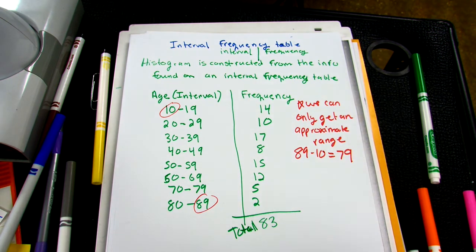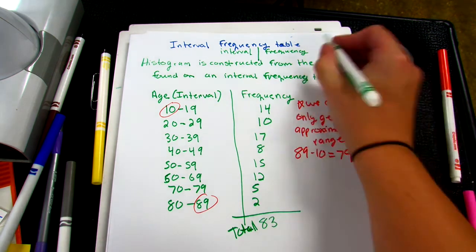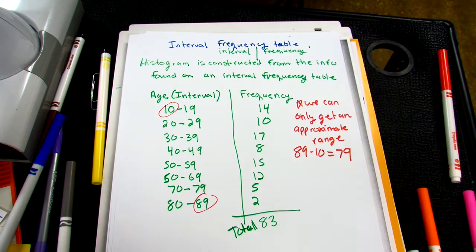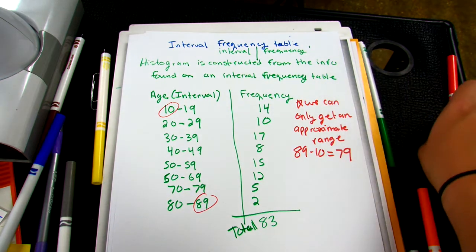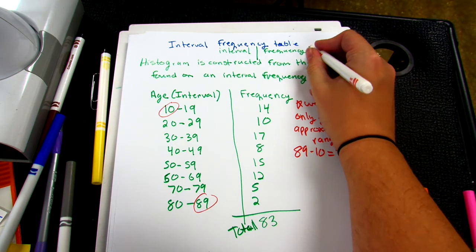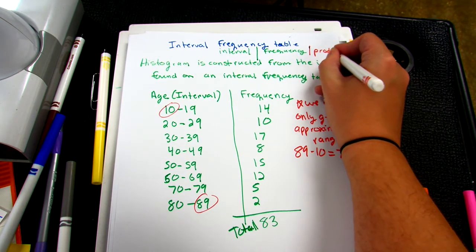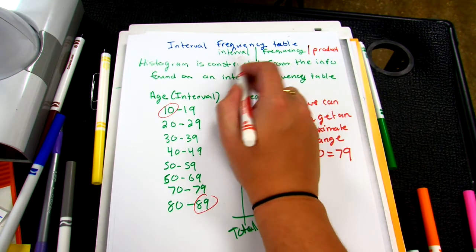Okay, if we want the mean, that is actually more complicated to get because in order to get a mean, we need a product column. But to get a product column, we have to multiply the data times the frequency.